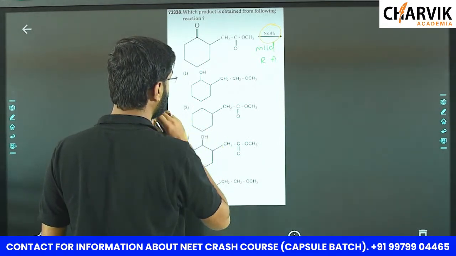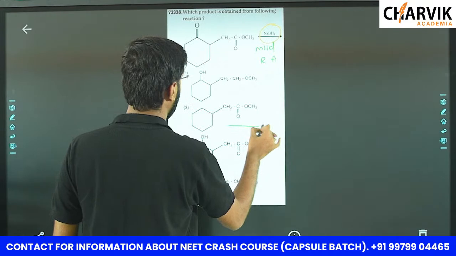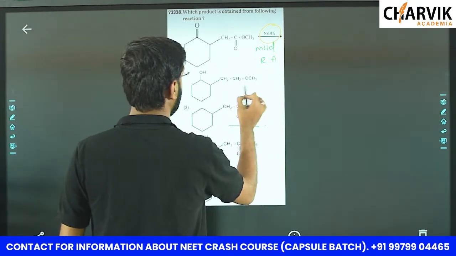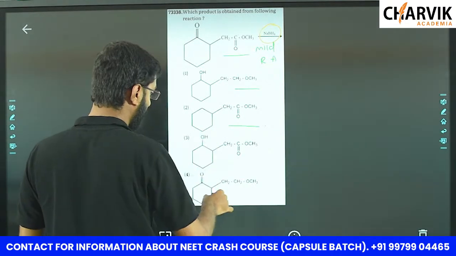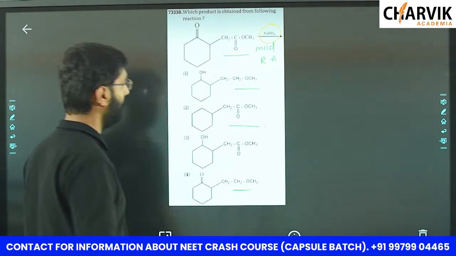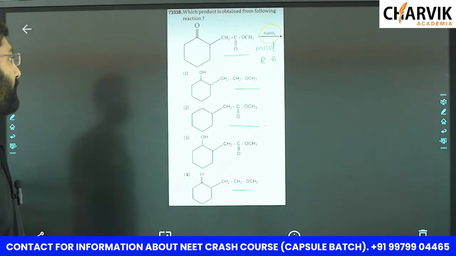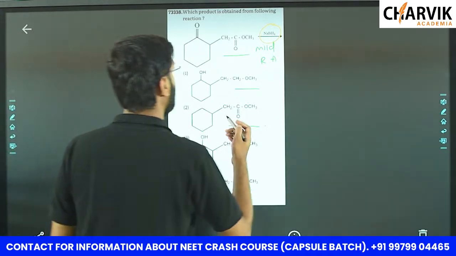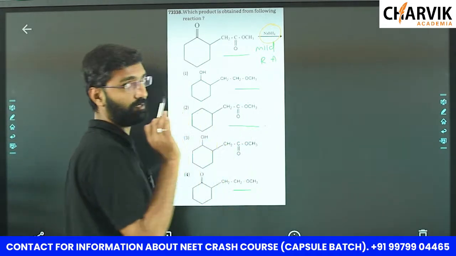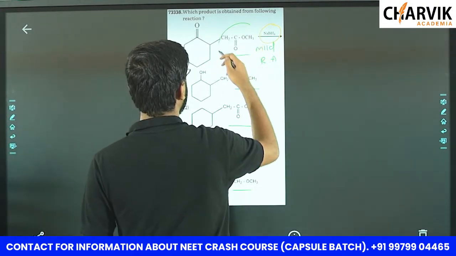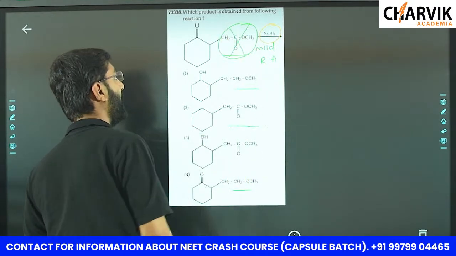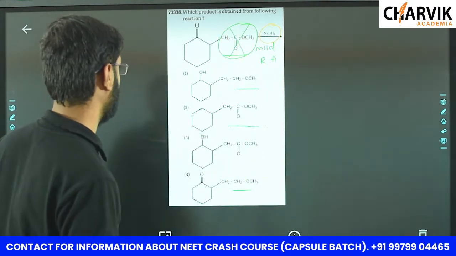Here you can see you have ester group, ether, ester, ketone, alcohol, ketone, and ether. These types of functional groups are present. No doubt, NaBH4 can reduce ketone, right? But it cannot reduce ester.